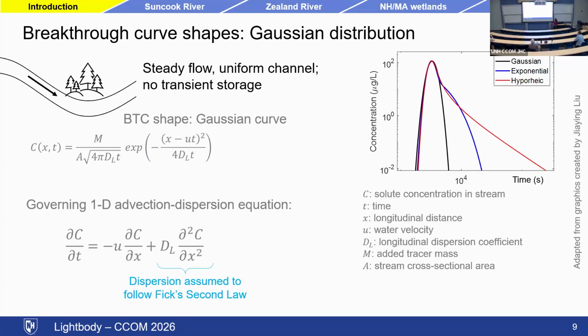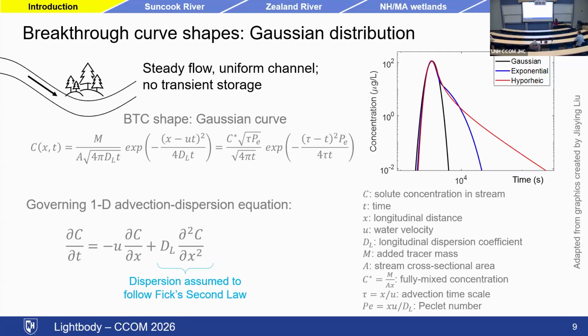It's written right here: M is the mass released, A is the cross-sectional area of the stream, and then we get this equation right there. If we non-dimensionalize it, we can rewrite it in terms of these three terms here. C star is the fully mixed concentration, a theoretical quantity that we would get if we dumped all of the tracer in and it instantly mixed within and only within our study reach.